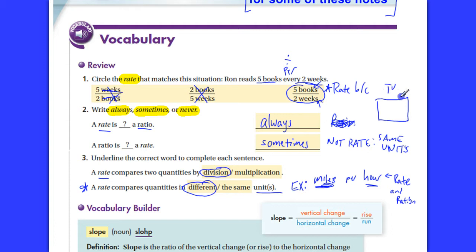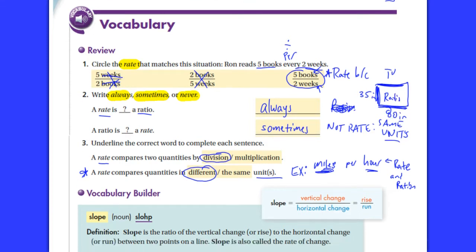Let's say that the measure of length, I'll use the bottom line here, is 80 inches. And then the measure of width is, let's say, 35 inches. Well, you could say this is 80 per 35. They're both inches, so you see how the units are the same? So that would be a ratio, but it would not be a rate if you compared those two.